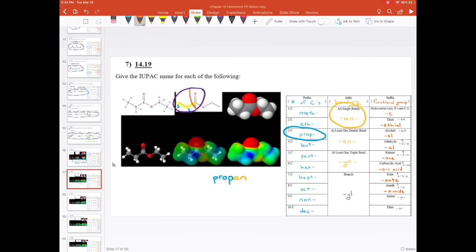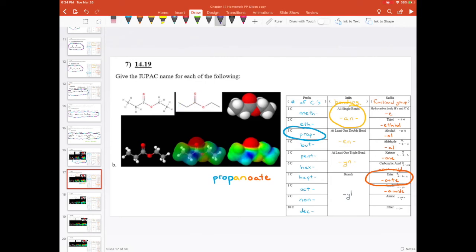Finally, if you look at the elements that are not carbon, you'll see that they represent an ester: a carbon double bonded to oxygen, single bonded to an oxygen. And so the suffix for an ester is OATE. So the backbone name is going to be propanoate.